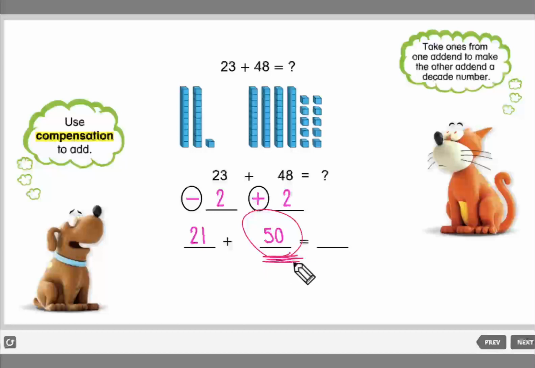It's easy to add to 50. Let's add 21 plus 50. 21 plus 50 equals 71. So, 23 plus 48 is the same, so it's 71 also. The sum is 71.